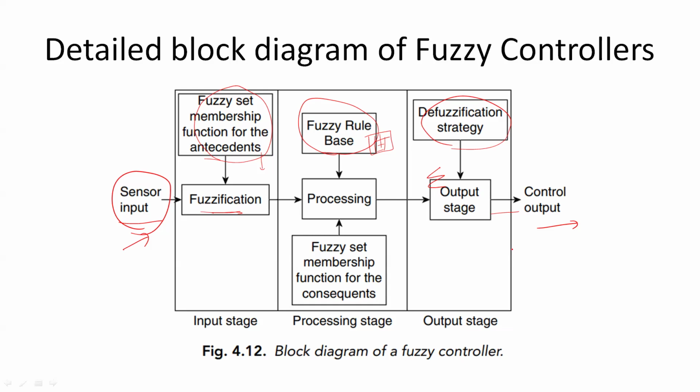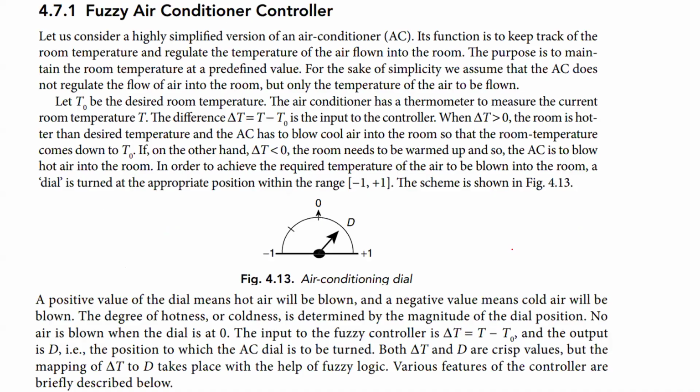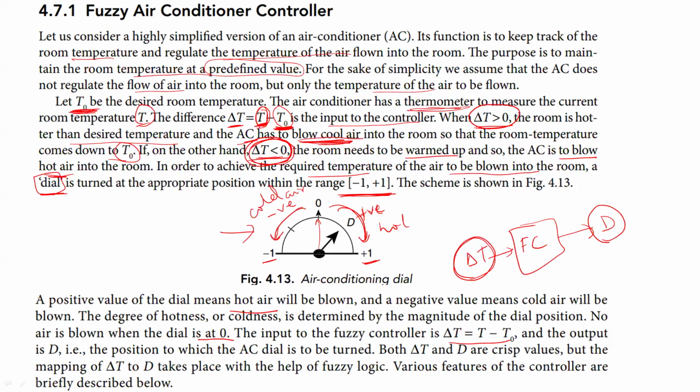You can directly take that output without doing any defuzzification process. That is also possible. But in our case, we are using a real-time scenario where you want to control an air conditioner. So we expect that these values, delta T and D, have to be crisp in nature. In between, the fuzzy parts are handled by fuzzification and defuzzification, which convert to and fro.